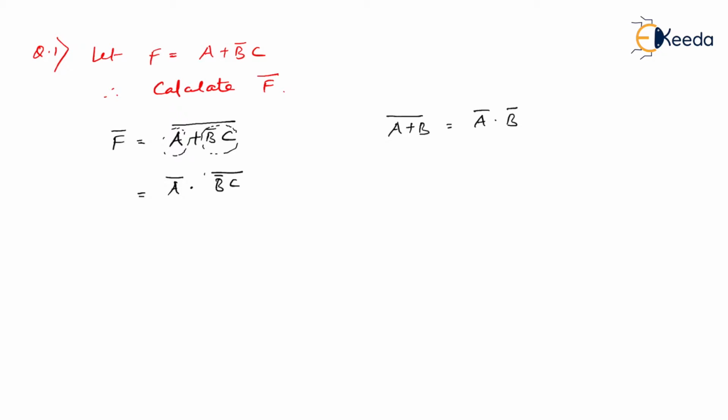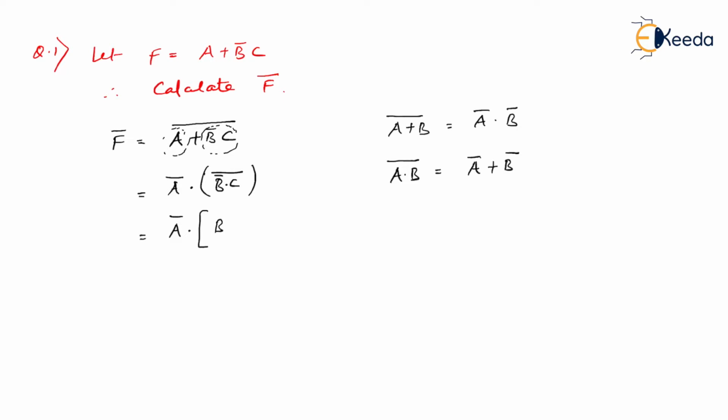The moment you get the product, make a habit of putting a bracket over here. Later on, we have also learned that if it is a dot b whole bar, this is again De Morgan's theorem, equal to a bar plus b bar. Can you see that it is applicable over here? So I can write this as a bar dot, and let me apply De Morgan's theorem again.